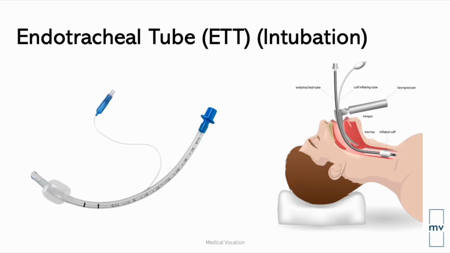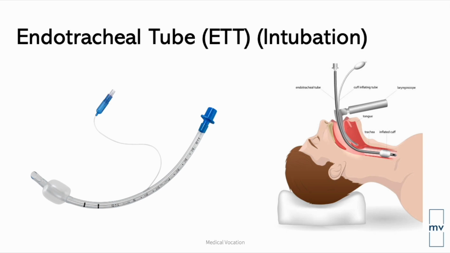Alright, so then on to the endotracheal tube, and just as a preface, we won't go into this in very much detail. There is actually a lot to intubation. It's a very complicated technique, with lots of considerations, and lots of different drugs are involved in the procedure as well.